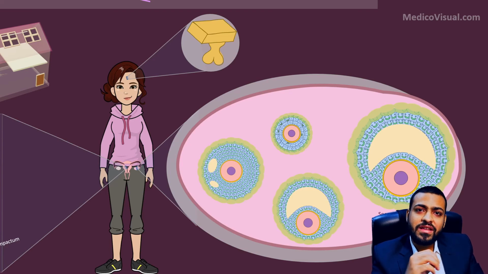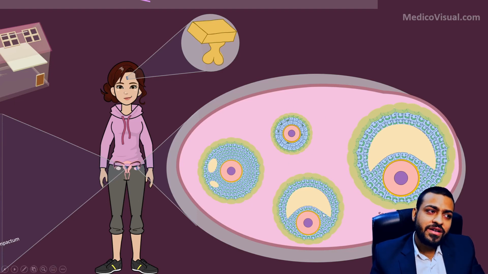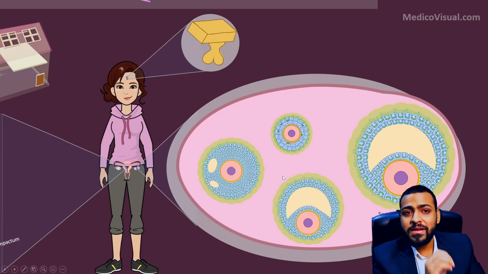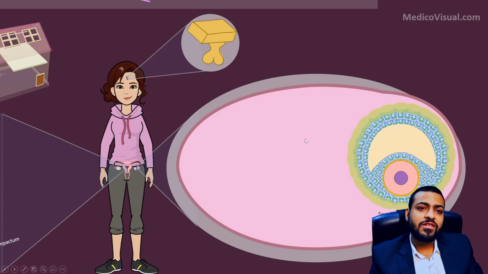And because it has become independent of support from FSH, it will still survive even if FSH level drops. But these poor kids were still dependent upon FSH, so they die out. And this process is called follicular atresia, right?